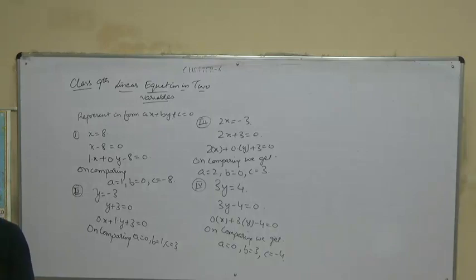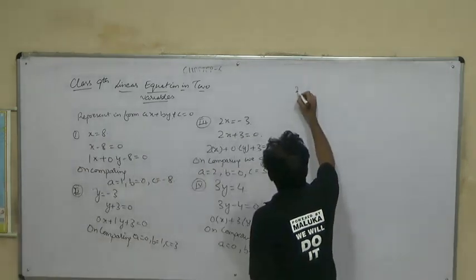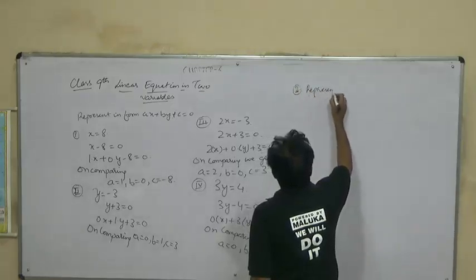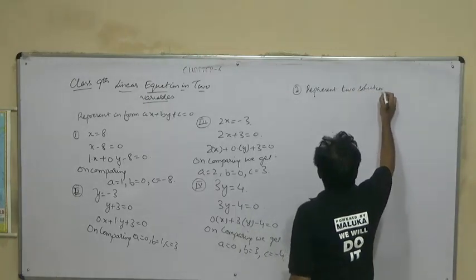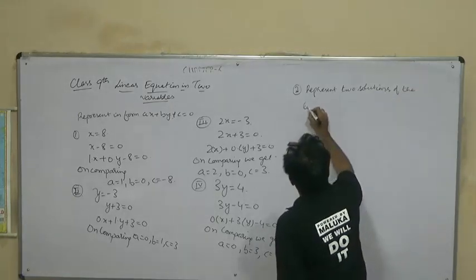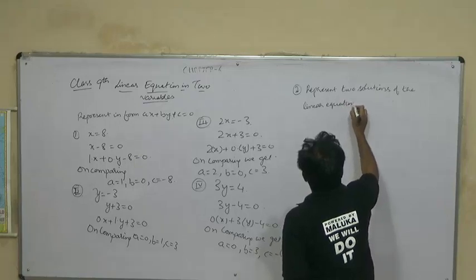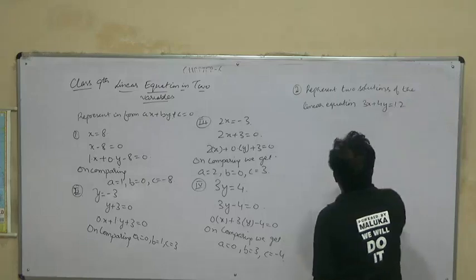Okay. Then the next question is, find two solutions of the equation 4x plus 3y is equal to 12. So the second question in this is, represent two solutions of the linear equation 3x plus 4y equal to 12.